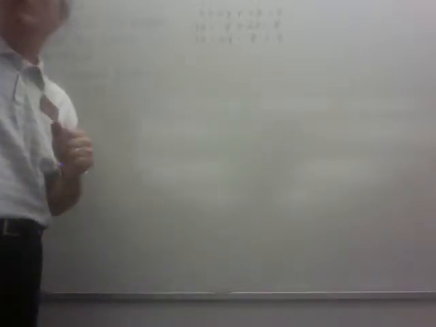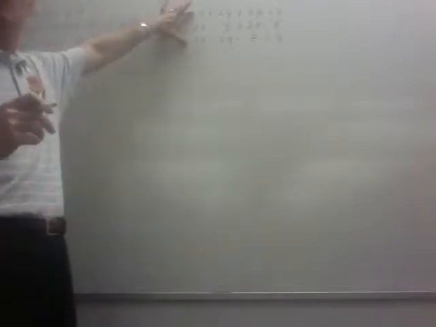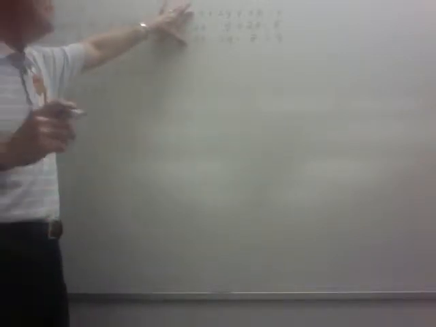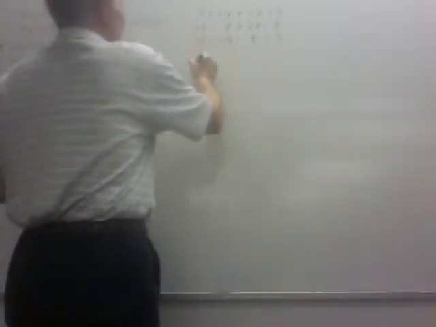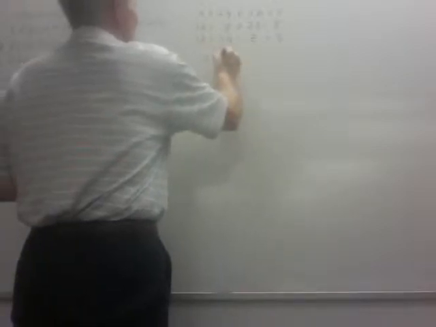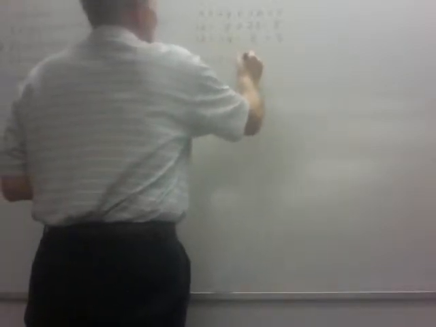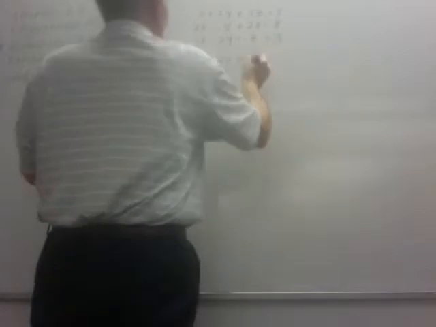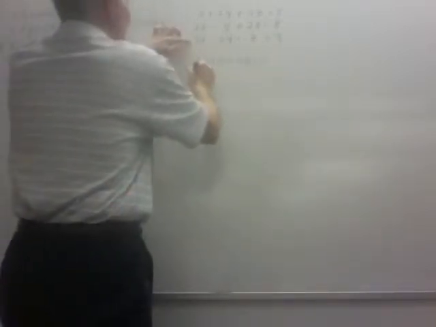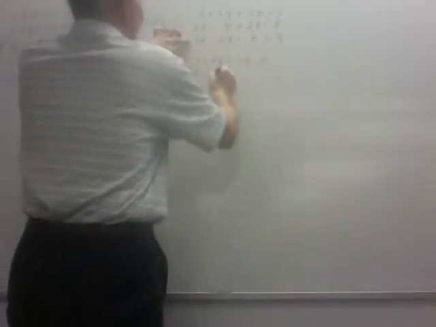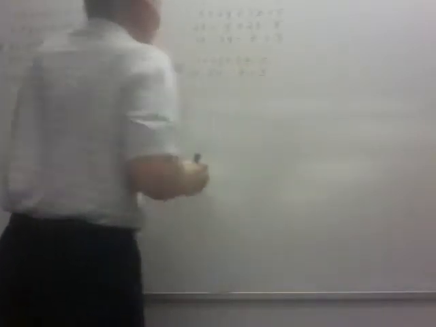Okay? So to get rid of the z's, I'm going to use the first equation and third equation. So I've got x plus 2y plus 3z is equal to 5, and 3x minus 2y minus z is equal to 3. Now we said we wanted to get rid of z.